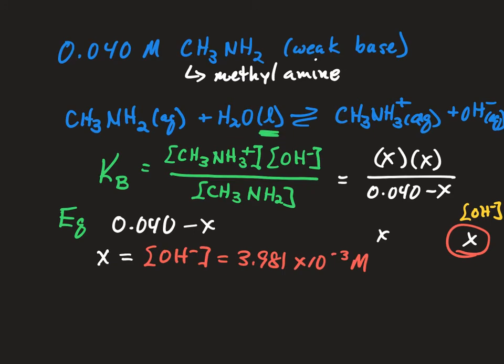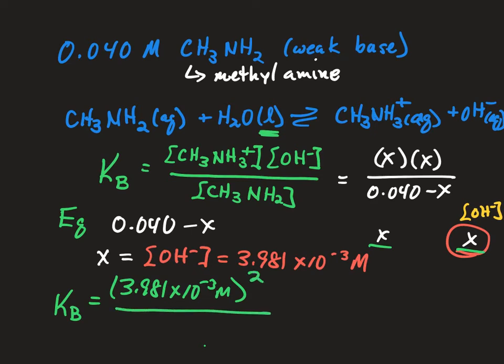So here we are, continuing with our essential information. Now if we want to find the Kb, X is 3.981 times 10 to the minus 3 molar. And it's X times X on that side, so we can square that, divided by 0.040 minus 3.981 times 10 to the minus 3.